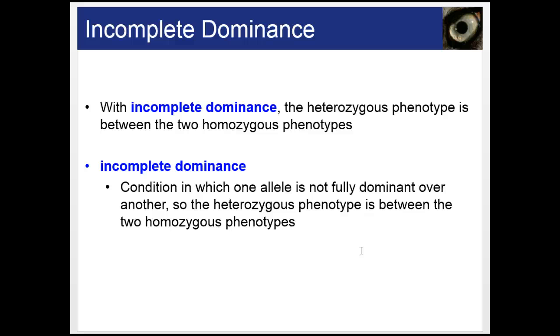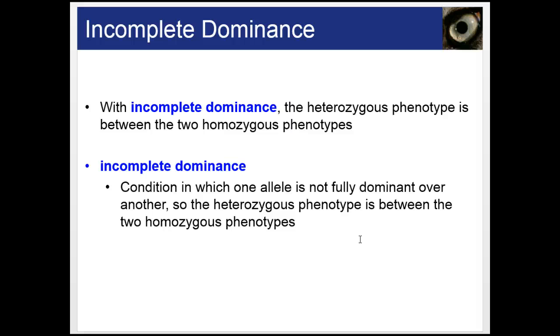In incomplete dominance, the heterozygous phenotype is between the two homozygous phenotypes. So this is very similar to the codominance. So remember, in codominance, with the A and the B alleles with blood type, both the A and the B alleles are expressed.